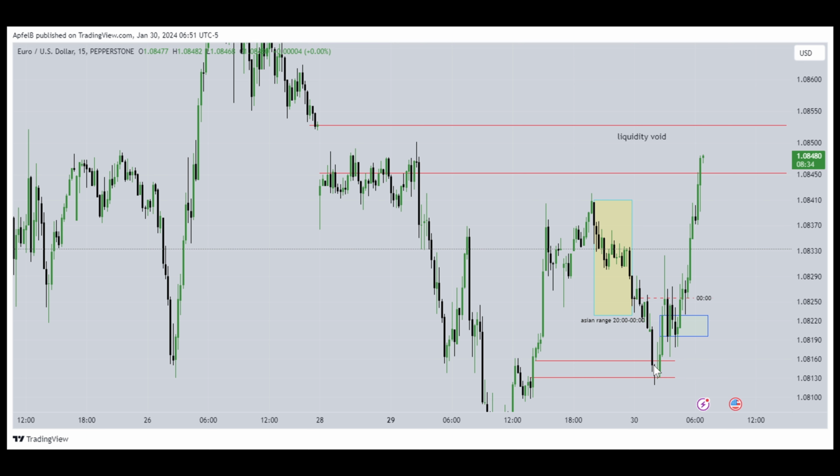This is when the London kill zone started. If the London kill zone had not yet started, we may be considering this old low here. Maybe if the London kill zone started around here, we may be considering this old low and then this inefficiency right here. So guys, that was it for today.